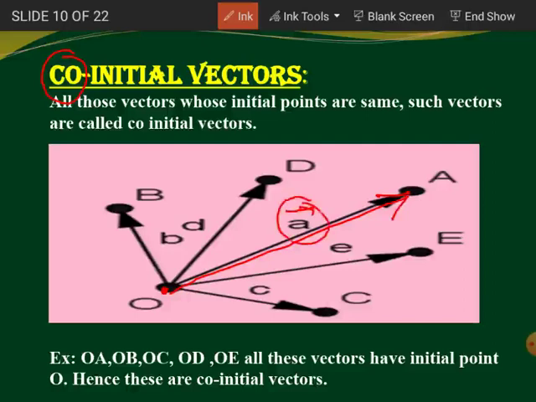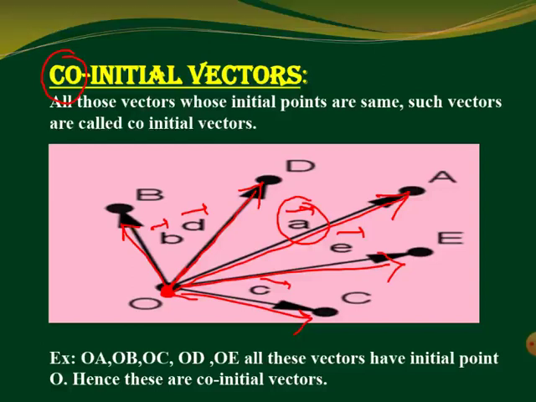Its starting point, or initial point, is O. OD is also one of the vectors, OB is also one of the vectors, like that OE, another vector, and OC. So all these vectors have the same initial point, and such vectors we call co-initial vectors.